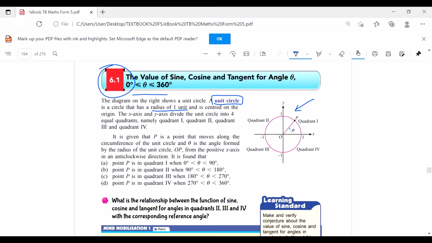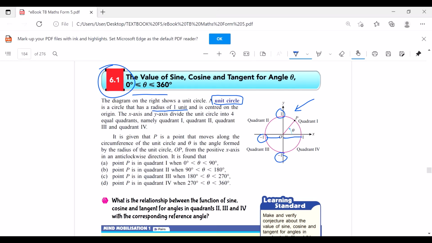1 unit here, this is the 1 unit. Here also 1 unit, this one also 1 unit, but it is negative because it is the negative axis, x-axis, the negative quadrant. And this one also.